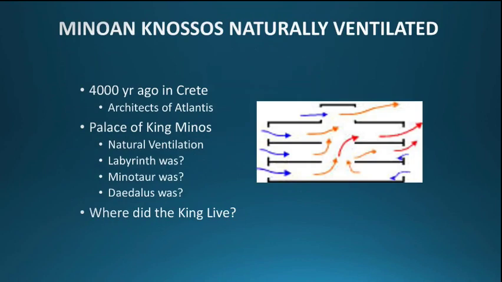The first civilization in the Mediterranean was 4,000 or 5,000 years ago, and that was the Minoan civilization on the island of Crete. This little diagram is a schematic of what perhaps was the largest building in the world at that time, the Minoan palace of King Minos of Crete. It was a naturally ventilated structure.